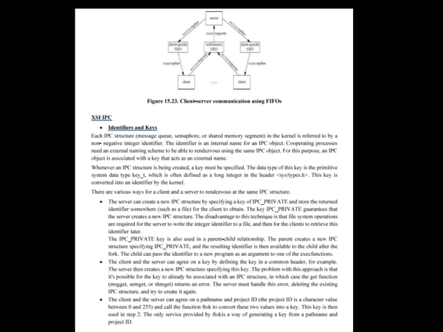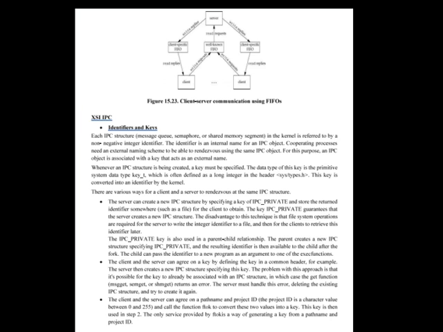The server can create a new IPC structure by specifying a key of IPC_PRIVATE and store the returned identifier somewhere, such as a file. For the client to obtain it, IPC_PRIVATE guarantees that the server creates a new IPC structure.